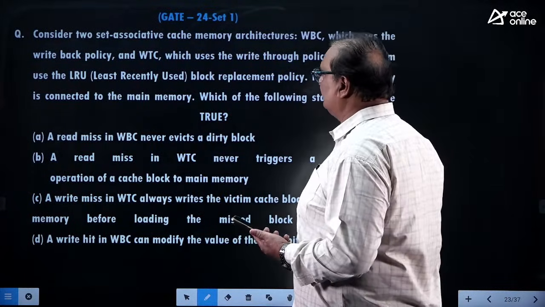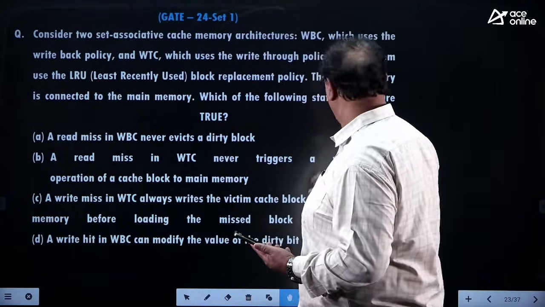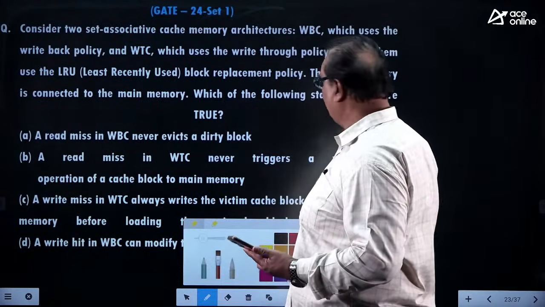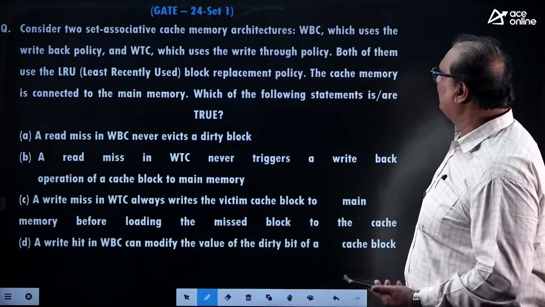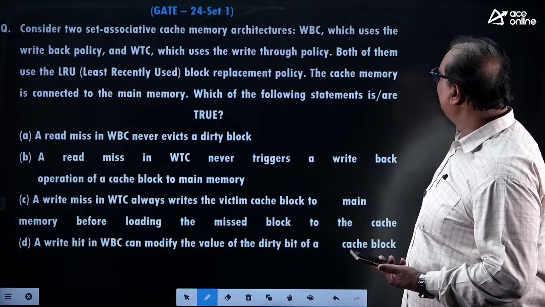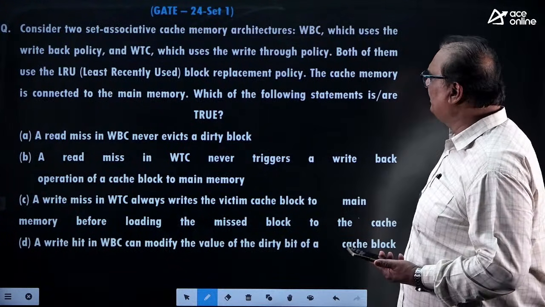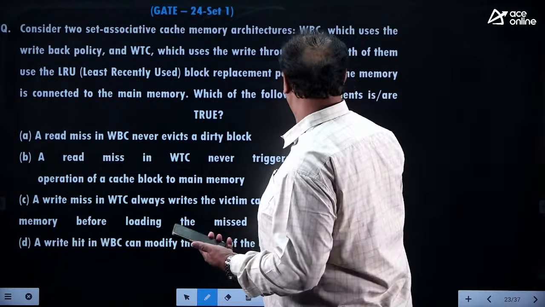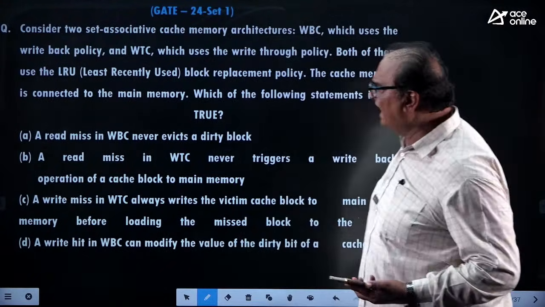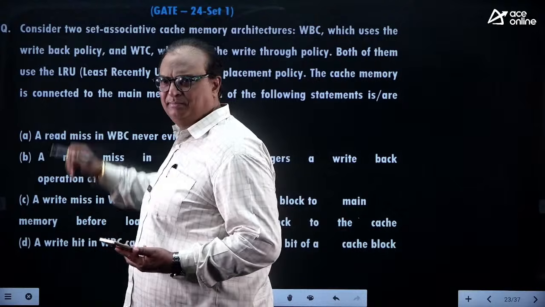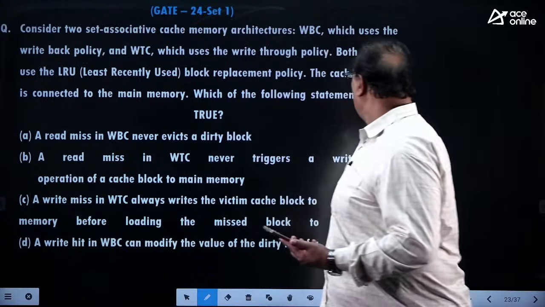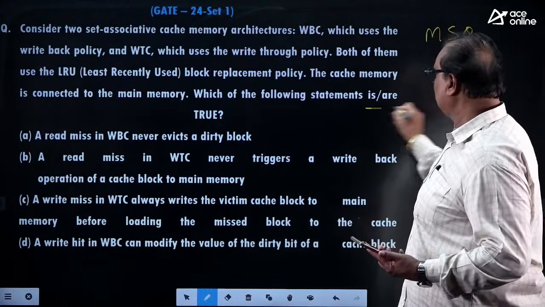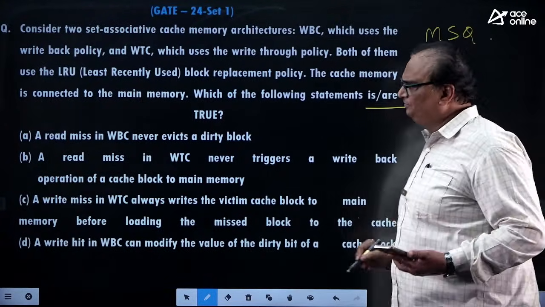Consider two set associative cache memory architectures. WBC uses the write back policy, WTC uses the write through policy. Both of them use the LRU technique for block replacement. The cache memory is connected to the main memory, means series connection. Which of the following statements is/are false? It is also MSQ, because he asked is/are.